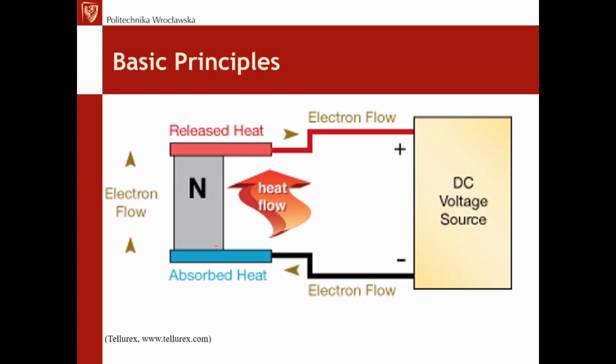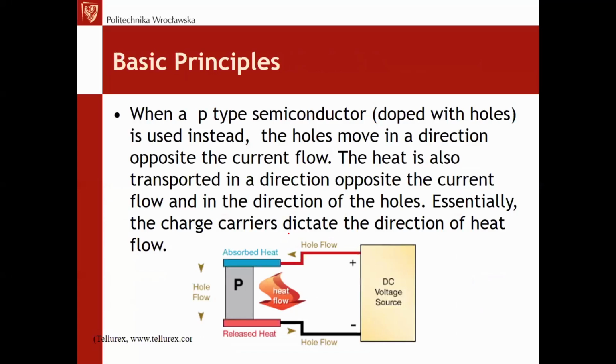So for the n-doped source, we have the electron flow here and the heat flow here as well. Then if we make a p-dope, then the direction is reversed.